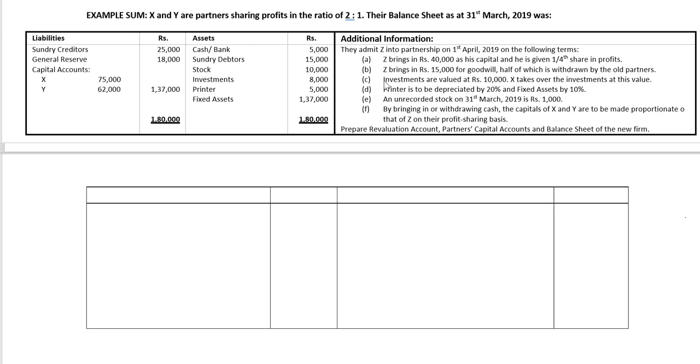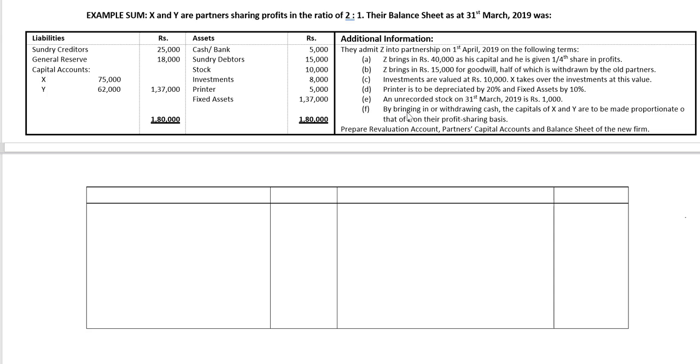Point B, Z brings in rupees 15,000 for goodwill, half of which is withdrawn by the old partners. Point C, investments are valued at rupees 10,000. X takes over the investments at this value. Point D, printer is to be depreciated by 20% and fixed assets by 10%.